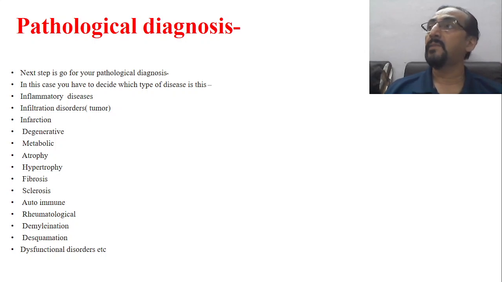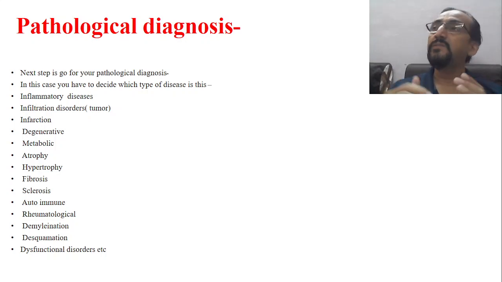If there are other symptoms like tachypnea, then there may be a metabolic problem. If something has been lost, then it is atrophy. If something is abnormally accumulated, then it may be hypertrophy or pseudohypertrophy. Like that, you have to go on distinguishing, and this is called pathological diagnosis.